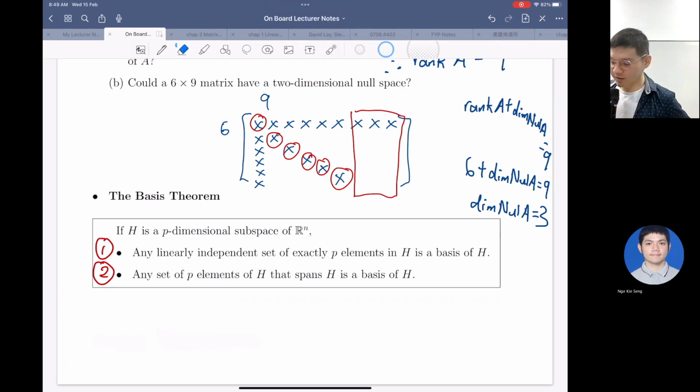But the proof is a bit of a twist, a bit of playing around with logic. So I'm not sure if I want to prove it as well. Do you have any idea on these two theorem statements? The first one is I can start with a linearly independent set and then find the basis. The second is I start with a spanning set and find the basis.